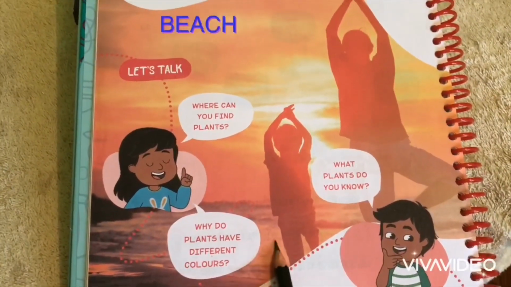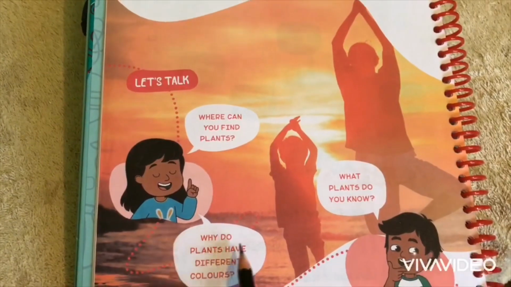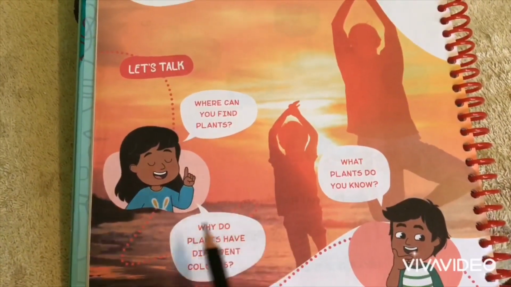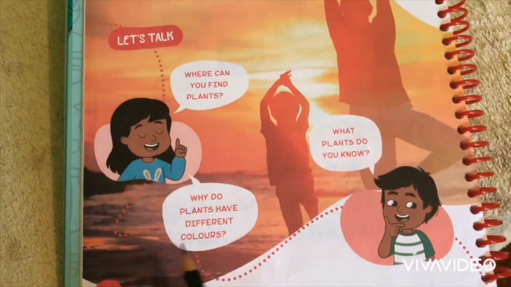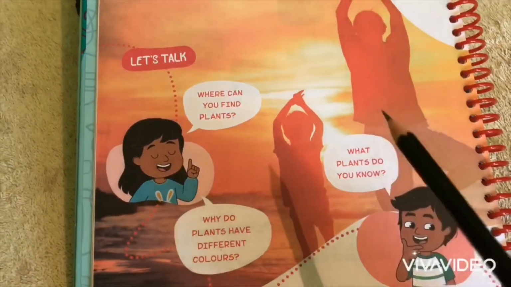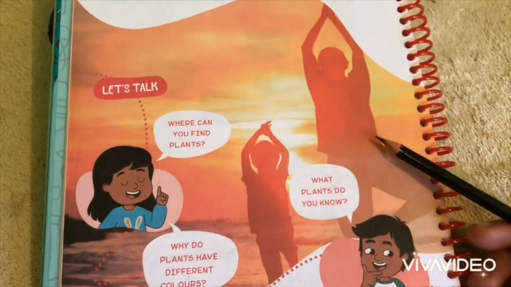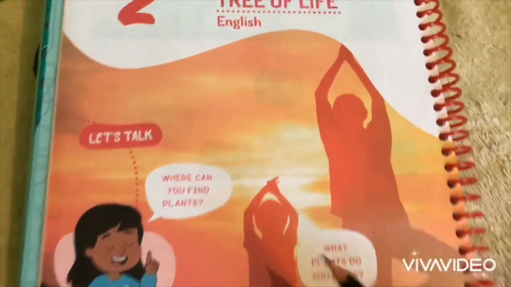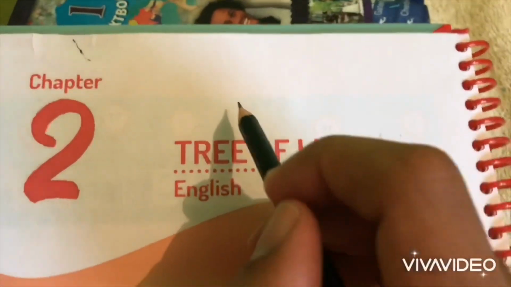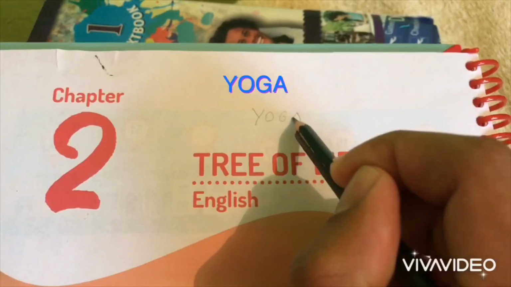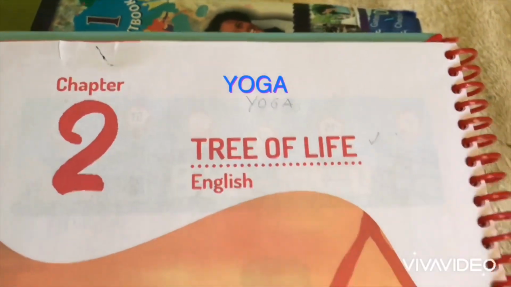Yeah, the beach. Look, the ocean. Look, the sea, the ocean, right here. We see the sand, the sun over here, and the father and his son are practicing yoga. They are practicing yoga.